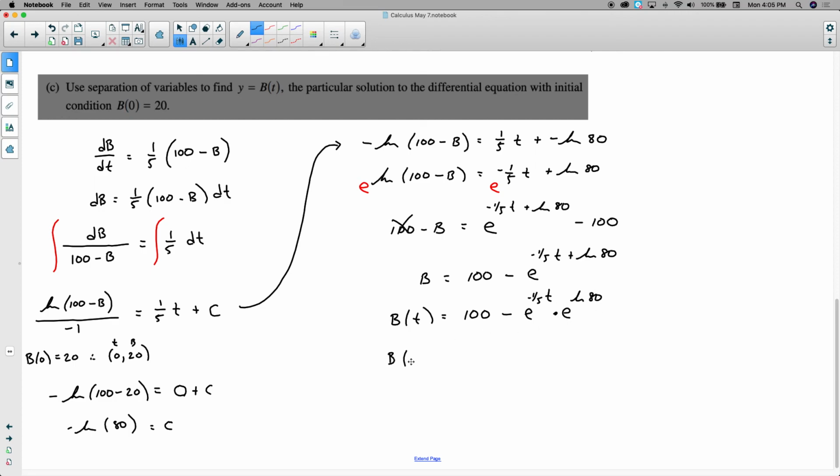All right, so this is the final answer, and it is 100 minus 80 e to the negative 1/5 t. I think I answered the question. Use separation of variables to find b of t. Ta-da. Notice it's with respect to t, so I'm all good there.